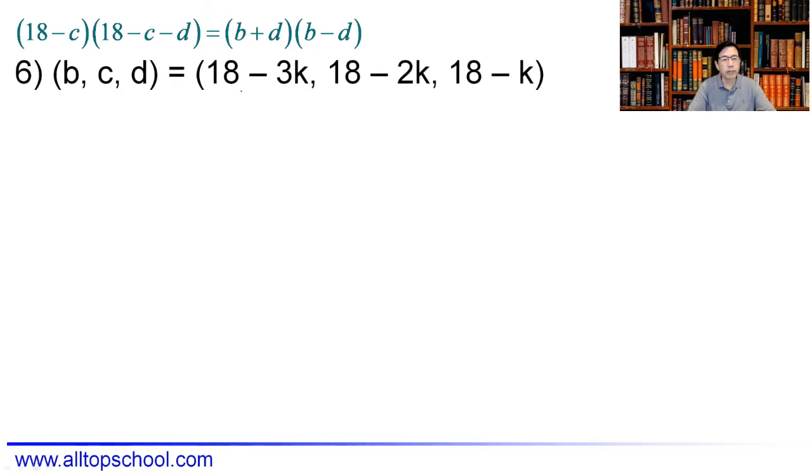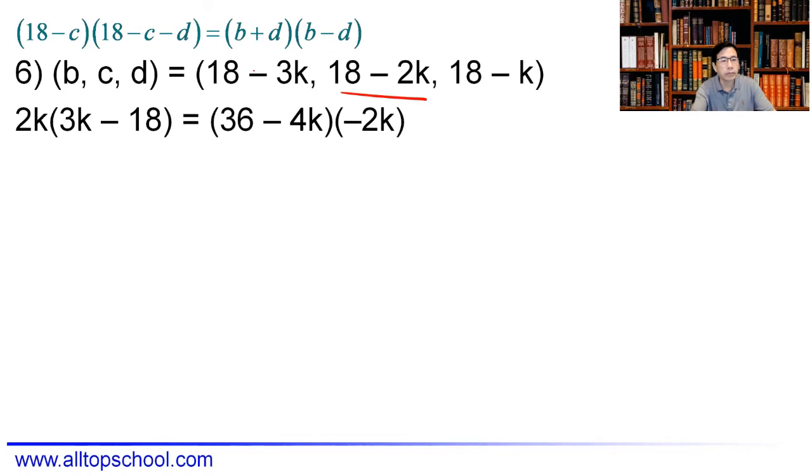So let's do case 6, the last case. The first one, B, is 18 minus 3k. The other two are going to be switched, 18 minus 2k and 18 minus k then. So we're going to do the same calculation. You can see 18 minus 3k for B. We're going to plug in 18 minus C. C is this one. That becomes 2k. And C plus D, you get 36 minus 3k. And then subtract it from 18.